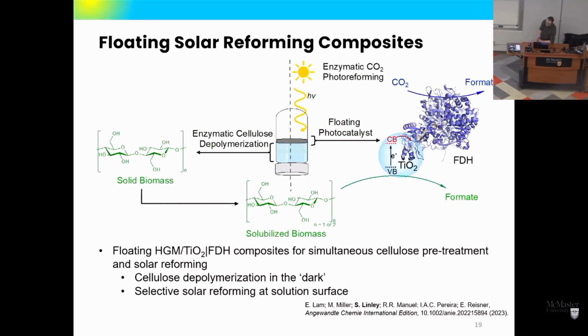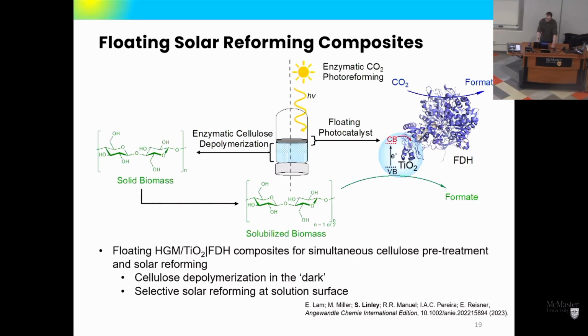So here we're using cellulose, and in that solution we've also got cellulase to do enzymatic depolymerization of that cellulose into glucose, and then that glucose is used as the substrate for the photocatalytic reaction. So by integrating this floating approach, we're able to do these two reactions simultaneously: depolymerization of cellulose in the bulk, and at the surface we're able to do our production of formate through both halves of the reaction.